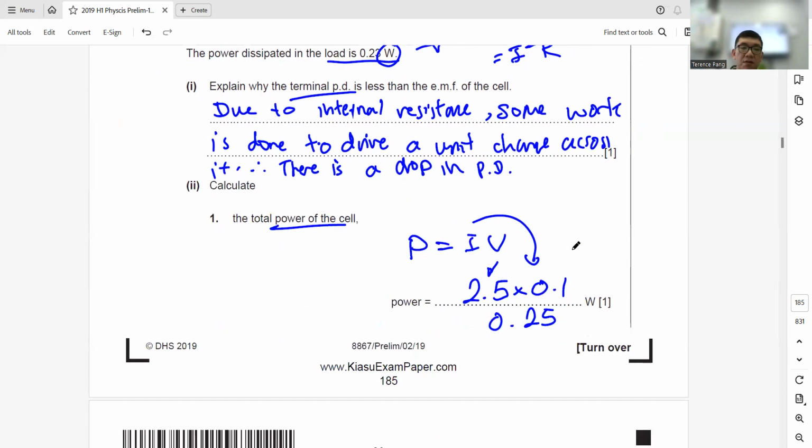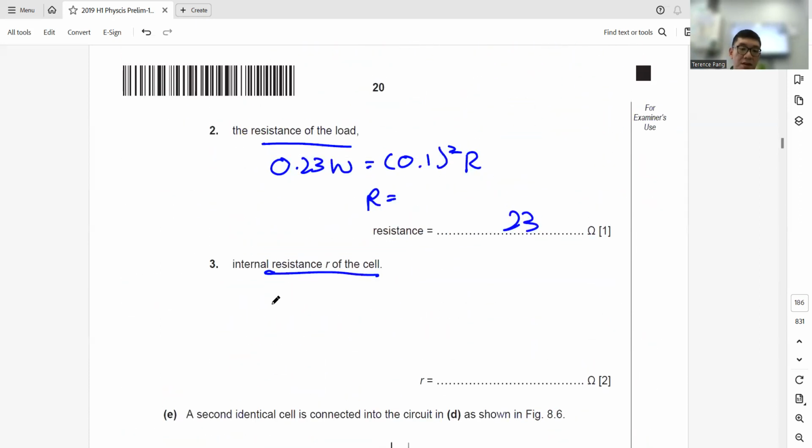So let's go down to create an answer. Potential difference across the small r. Express your working properly. You have to find the potential difference across the big R, which we found out to be 2.3 volts, based on 0.23 watts divided by 0.1.